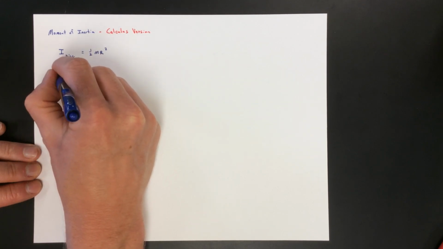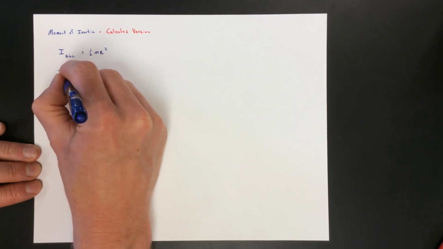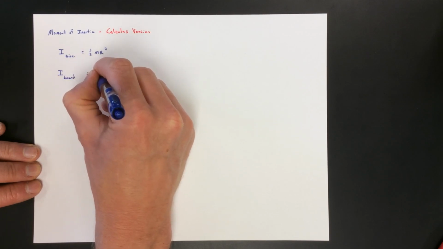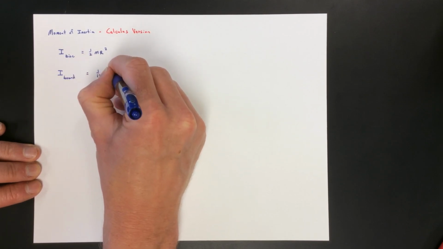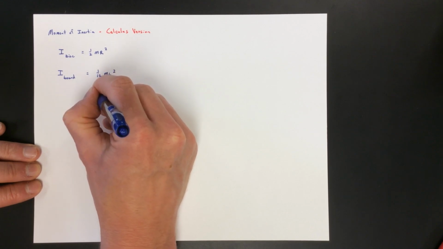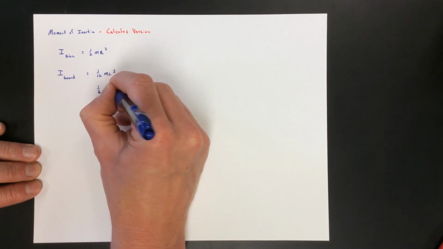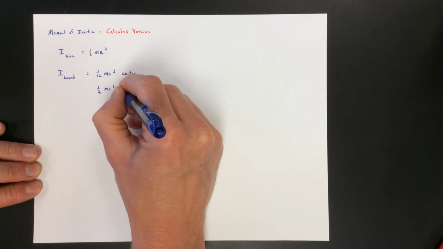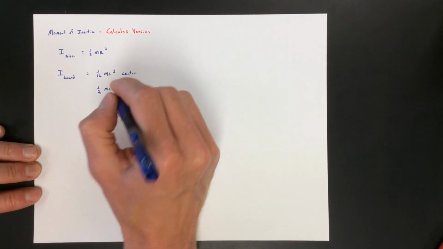The moment of inertia of a board is 1/12 ml squared with the pivot in the center, or 1/3 ml squared with the pivot on one of the ends.